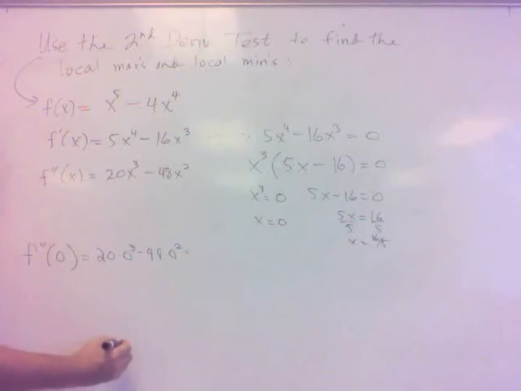What does that give you? Uh-oh, that gives you 0. What does the second derivative test tell you if your second derivative is 0? It doesn't tell you a thing. However, that doesn't mean it's not a local max or a local min. It just gives no information.